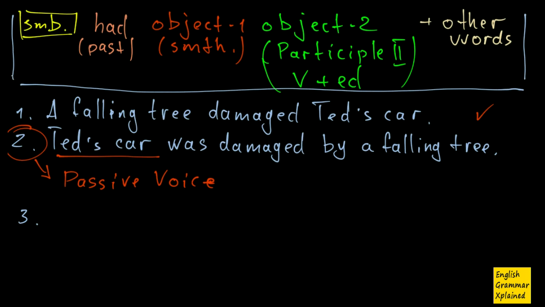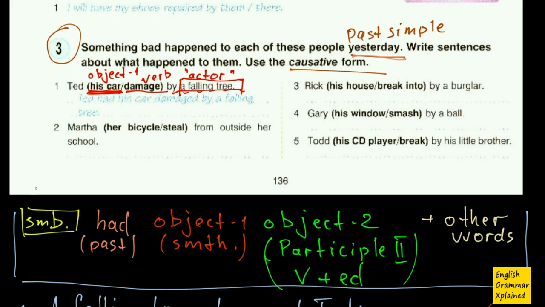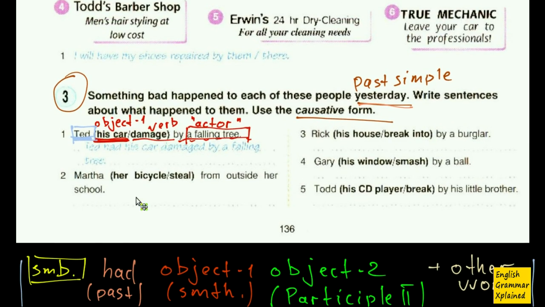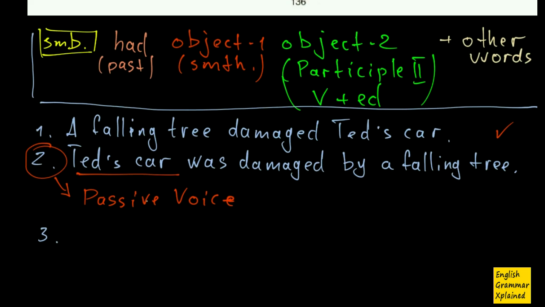And as I see, the first will be the subject. If I look at my sentence, I will see that my actual subject is Ted. So, Ted will be my subject here in my causative form. Ted. Not Ted's car and not a falling tree.